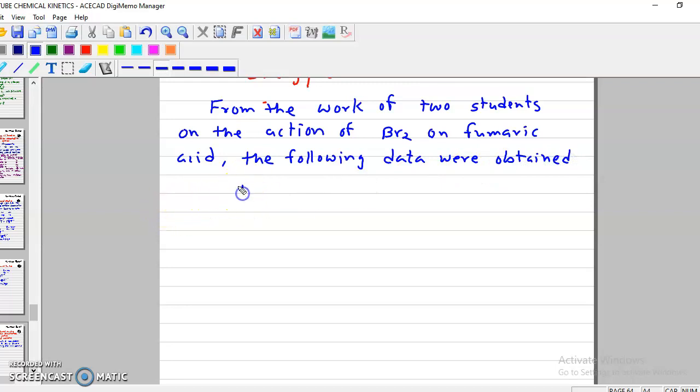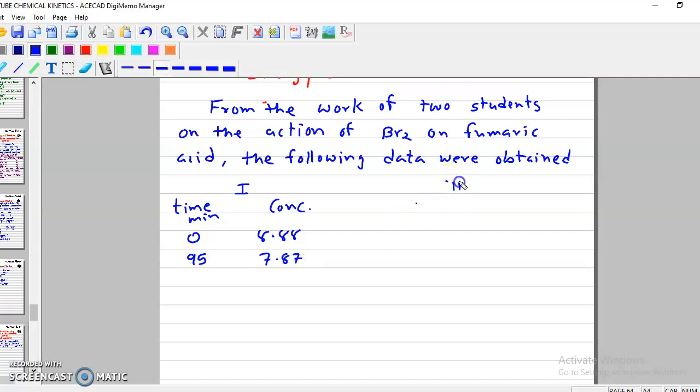For the first student, the data is time in minutes and concentration. At 0 time, the concentration is found to be 8.88 and at 95 minutes, the concentration is 7.87.